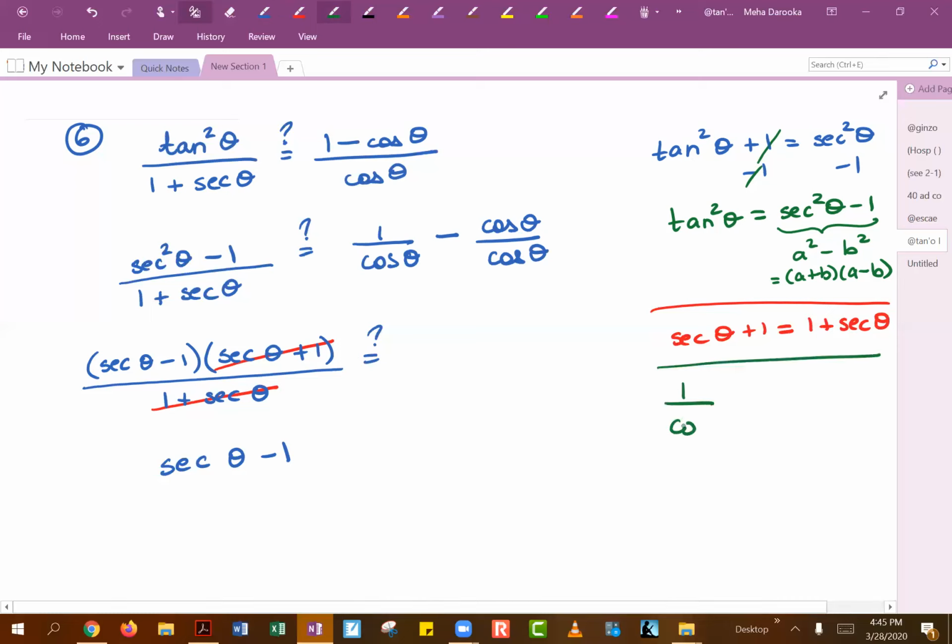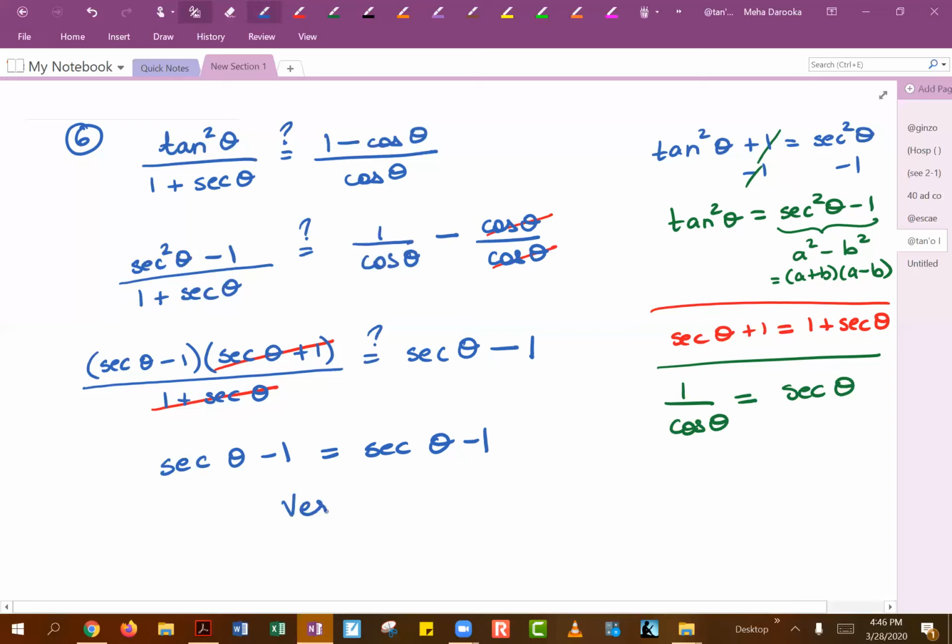So 1 over cosine theta using the reciprocal identity will become secant theta. So let's rewrite this first fraction as secant theta, and then cosine theta cancel each other out, giving you 1 as the answer. And we are able to show that both sides, when simplified, will in fact become secant theta minus 1 equals secant theta minus 1.